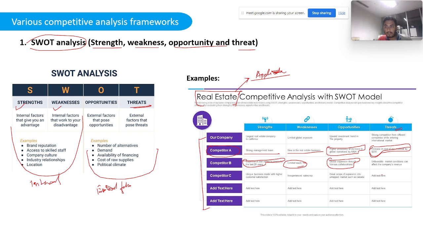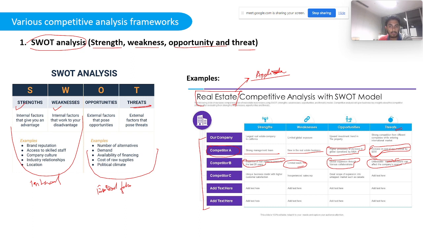But what they see as a threat is again unaffordability. For example, since they have limited resources to reach the market, they have to hire more people. And now hiring good people may be expensive to run for a company, so those can be external threats.